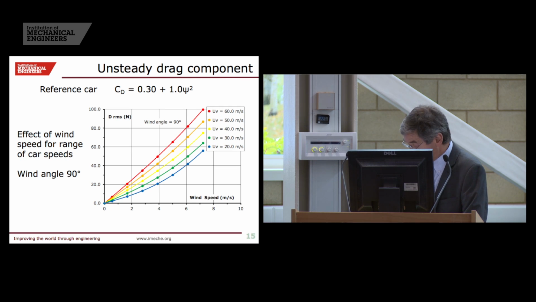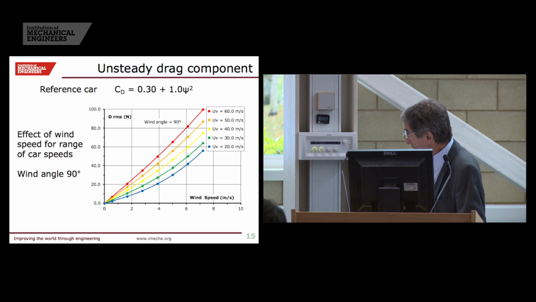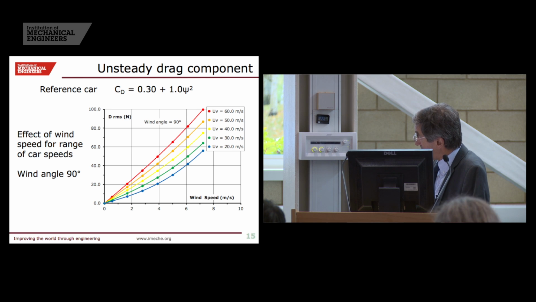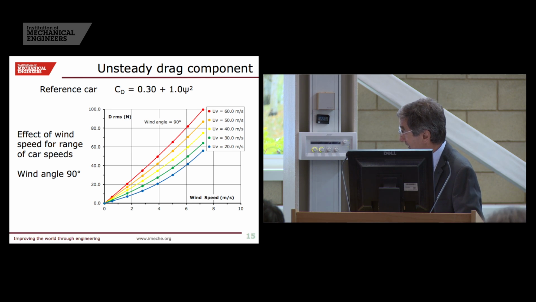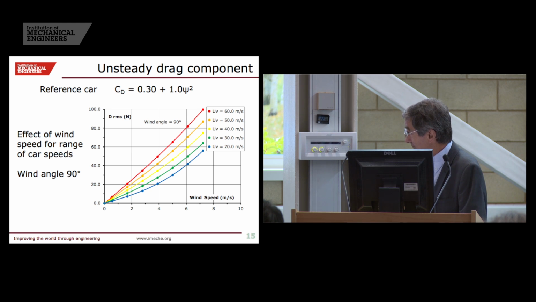The RMS drag that we actually measure as a function of wind speed increases as the vehicle speed increases, and it becomes increasingly linear as we lose the effects of the parabolic function.